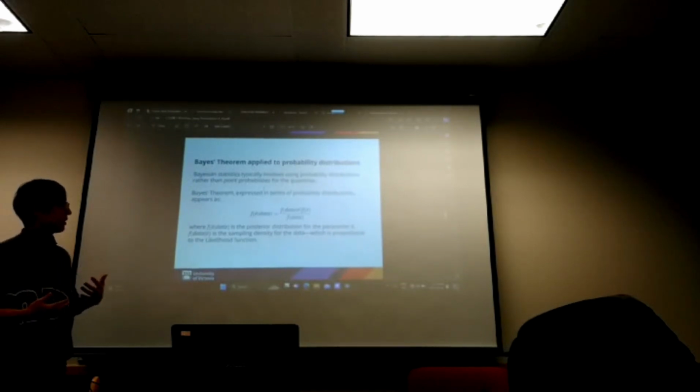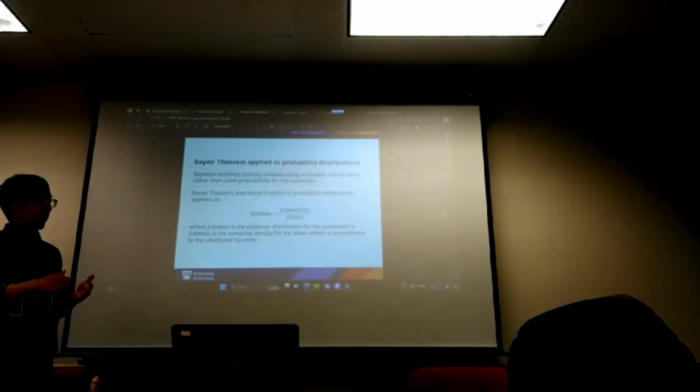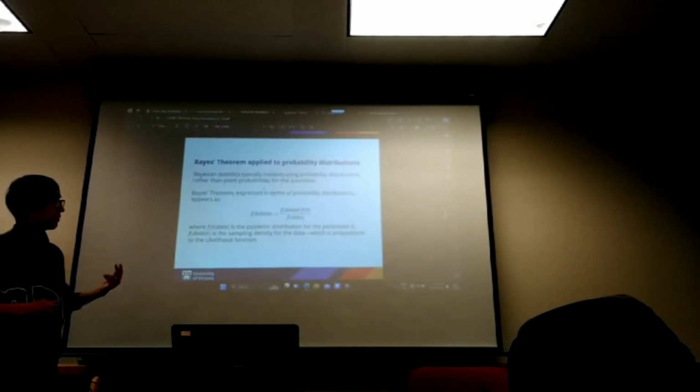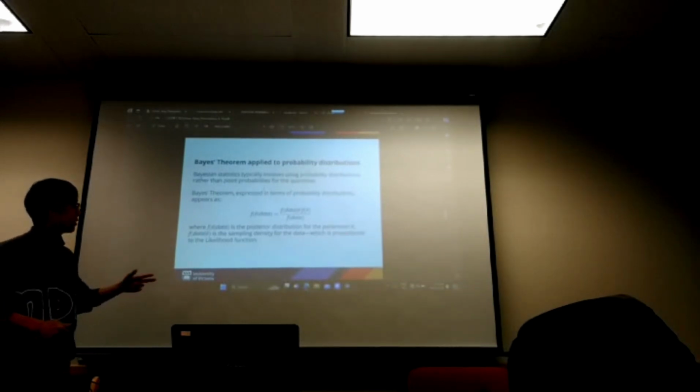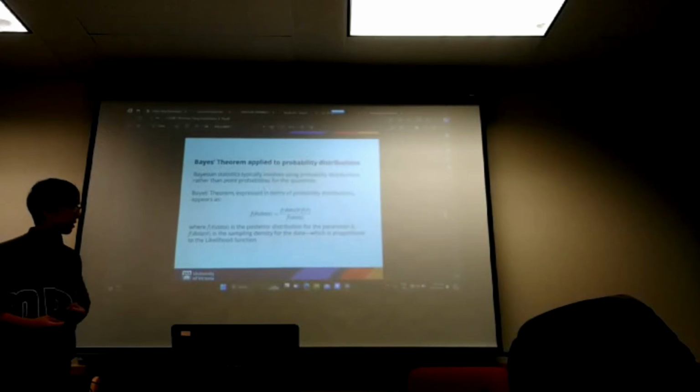Then we can get our posterior distribution. When we get our posterior distribution, we can find the parameters. I mean, which value of the parameter is biggest in the posterior distribution. Then we choose this parameter. We use this parameter to cluster our data set.